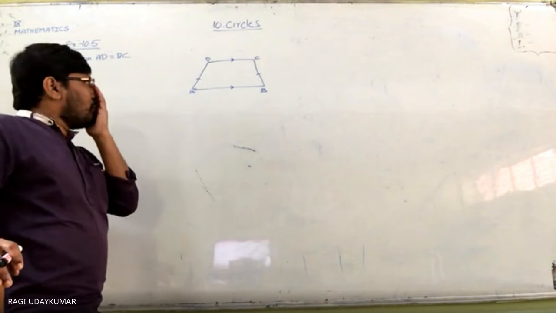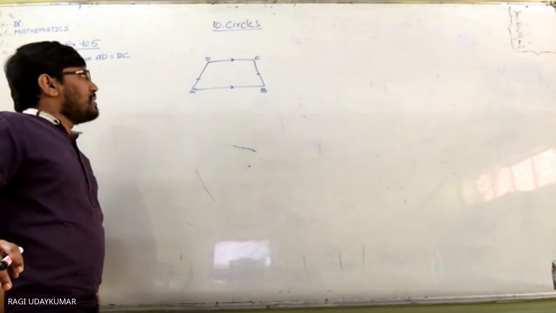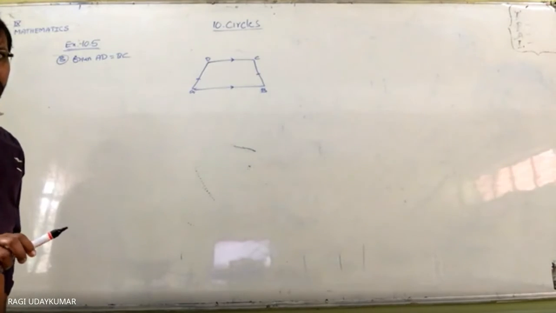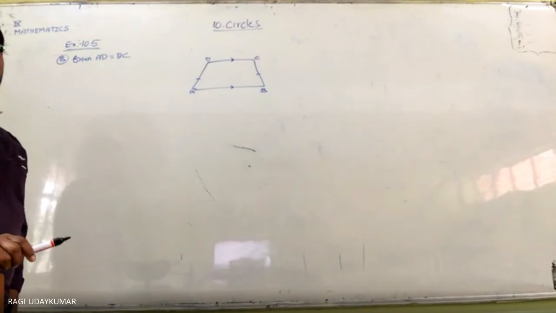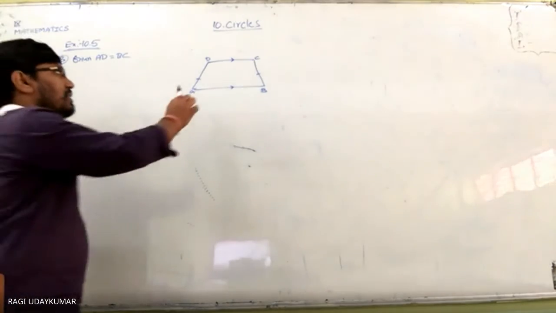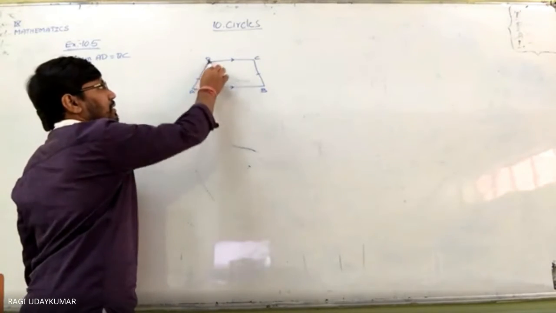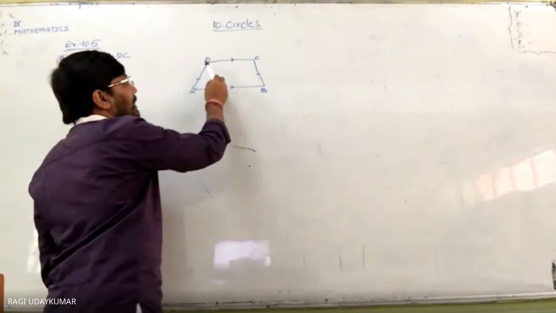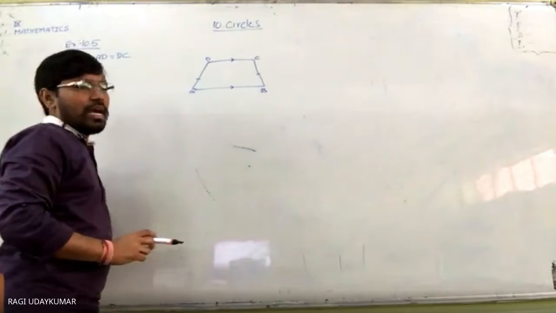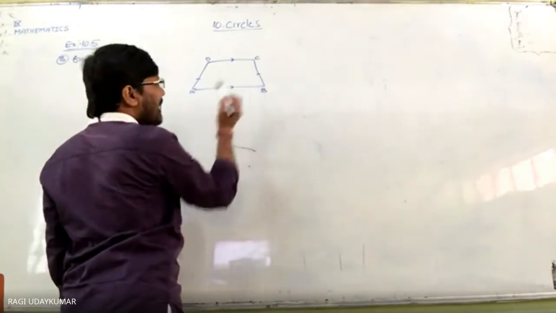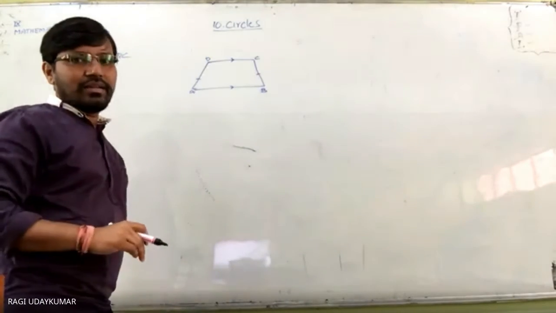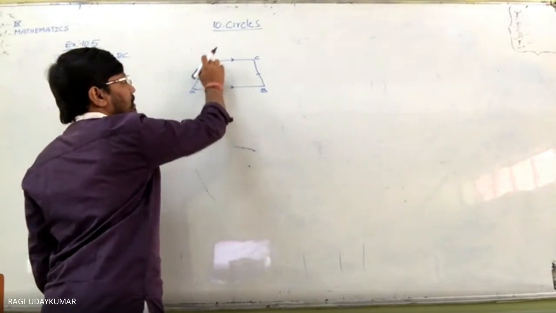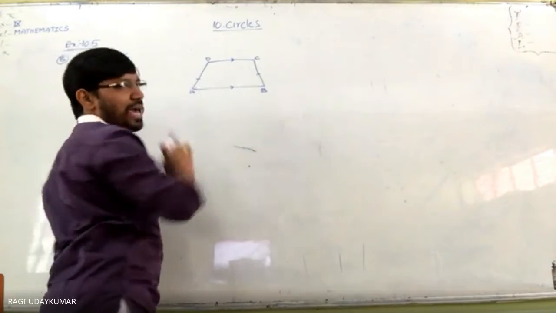So to prove that, we know that the sum of A and D is equal to 180 degrees. We know that this and this is 180 degrees. A and D is 180. So if you are able to prove that A and B are equal, then you can say that A and D sum is 180 because these two lines are parallel.